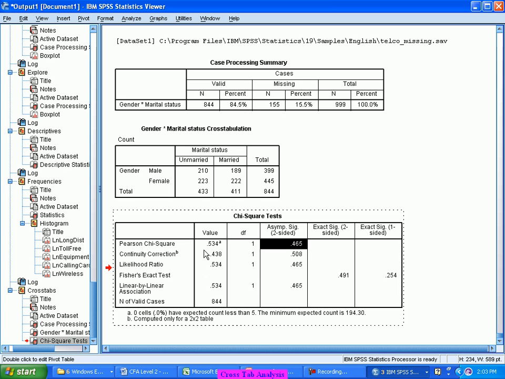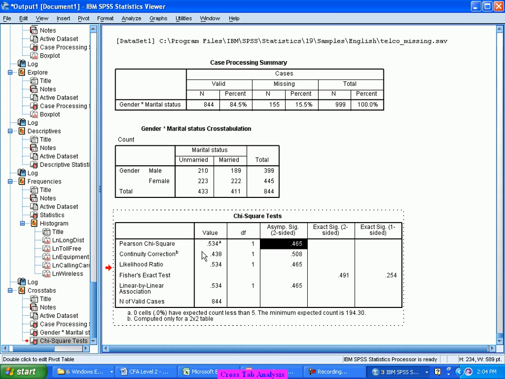If I try to plot a graph, in case of normal distribution, between mean minus 2 standard deviation to mean plus 2 standard deviation, 95% of my data will be lying.